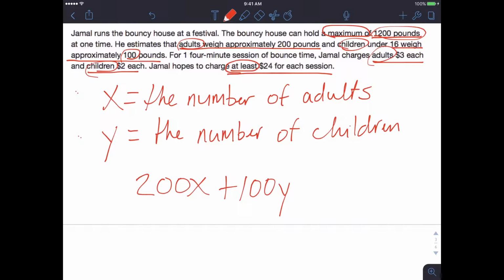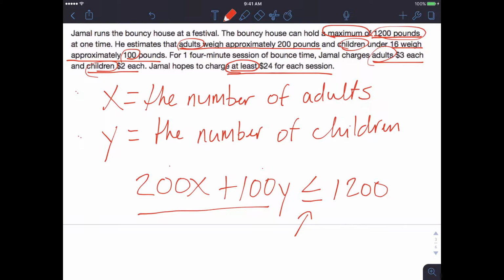Oops, I did that wrong, I'm sorry. It's not 16y, that's the age. 100 pounds, so 100y. And the maximum amount of weight is 1,200 pounds. So we know that's 1,200 over here. The maximum. So it can't go past 1,200 pounds.